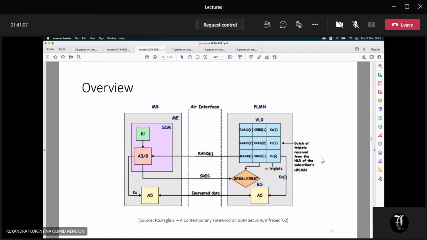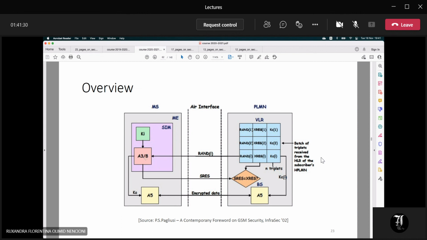What happens in the device? I have the key. I use these two algorithms. One, I use it to derive the key KC, based on a random challenge that is coming from the network. Where is the network taking this challenge? From these triplets, from the home network or from the visiting network that receives them from the home network.